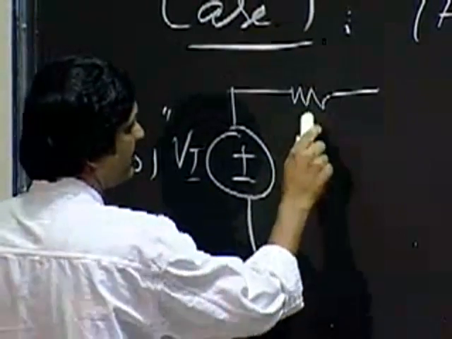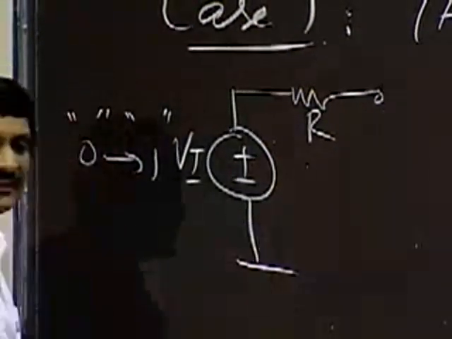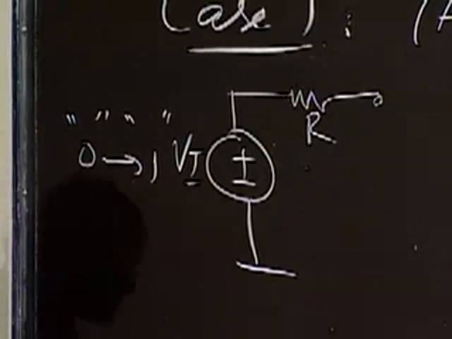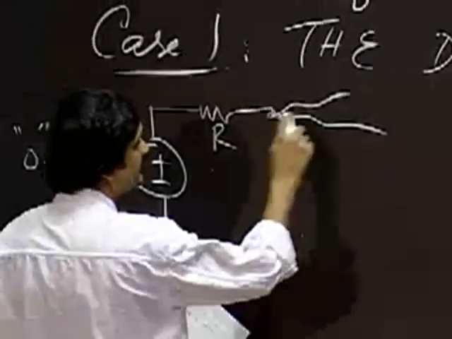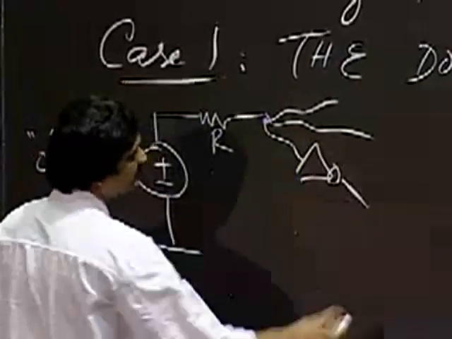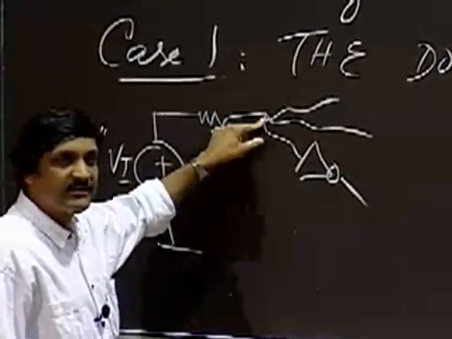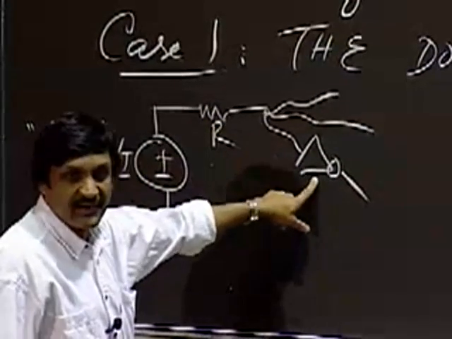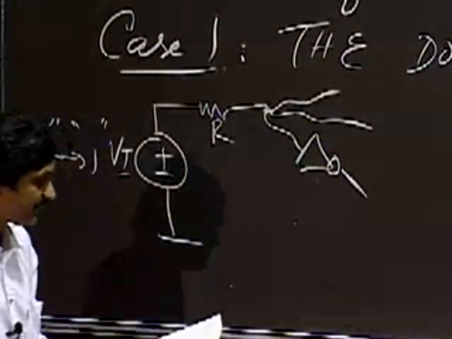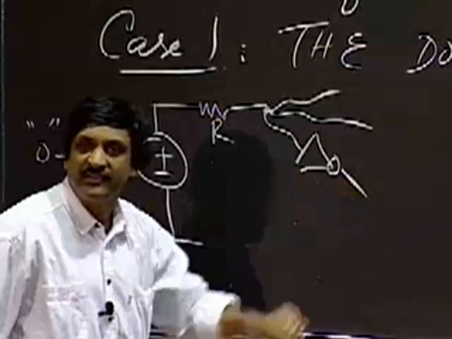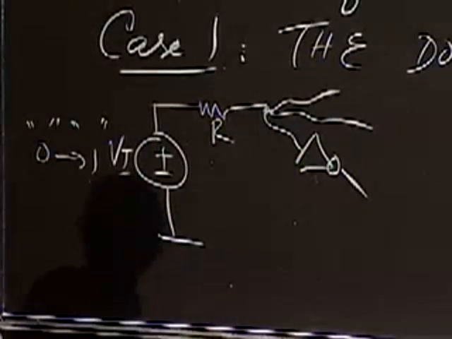And through a Thevenin-like resistance, I'm going to feed it to a circuit. The circuit will go to an inverter. This node goes to an inverter and goes through some other circuits within our own design here.